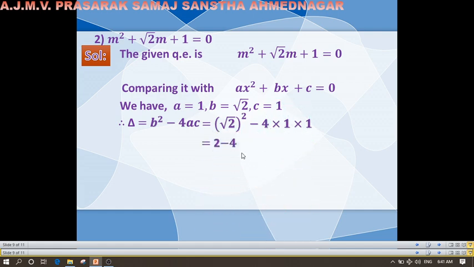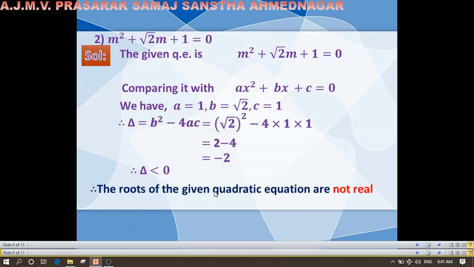So 2 minus 4 means minus 2. So discriminant delta is equal to minus 2, which is negative, which is less than 0. So with the above tree diagram, the roots of the given quadratic equation are not real.